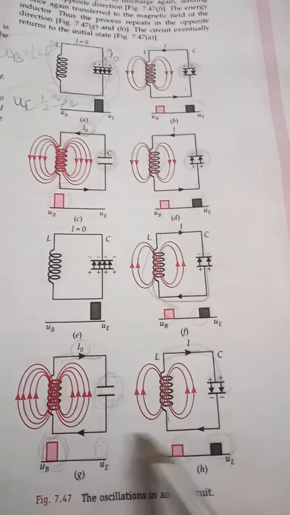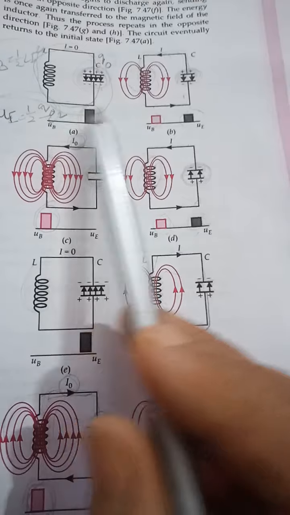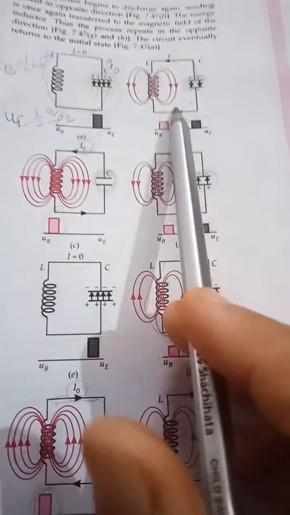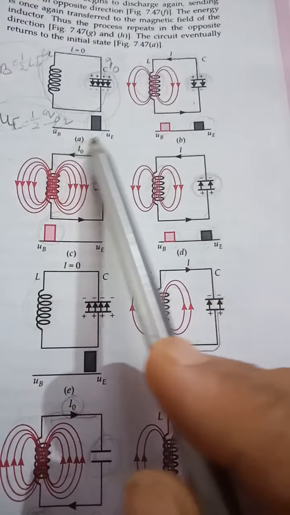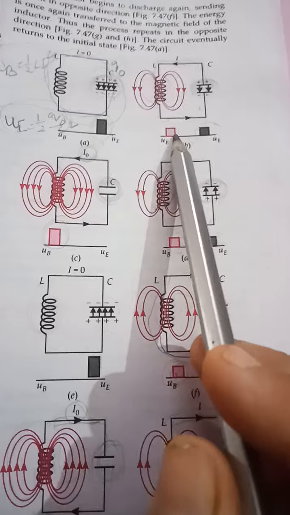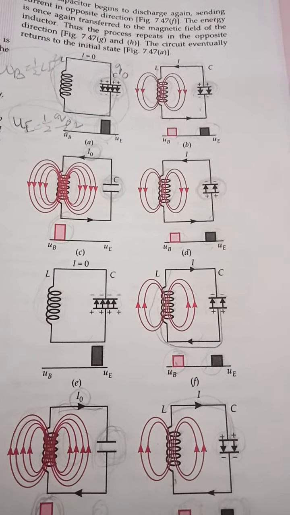We can say the magnetic and electrical energy oscillate between minimum and maximum values. That's why LC oscillation takes place, because energy oscillates between the maximum and minimum value. So this is about the LC oscillation in the circuit of an inductor and a capacitor.